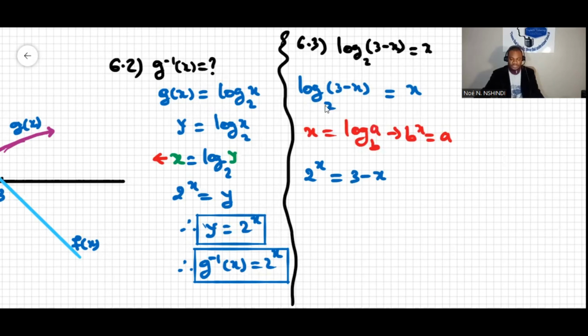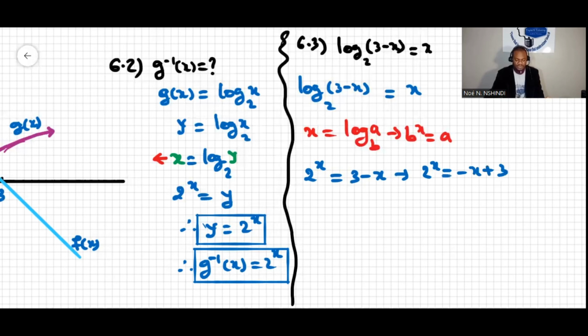So 2, the base, to the power of x equal to 3 minus x. This is the same thing as 2 to the power of x equal to negative x plus 3.